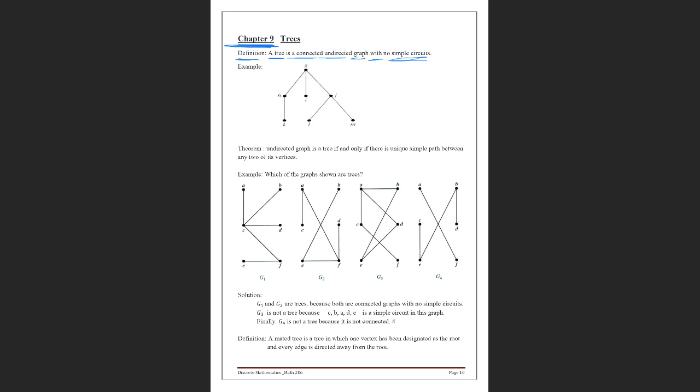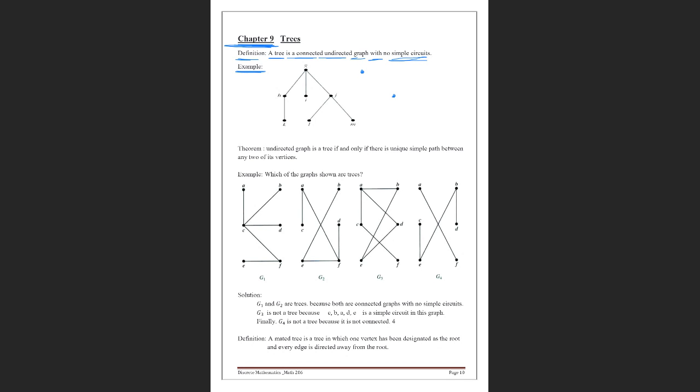Example is, okay, connected. A tree is a connected undirected graph with no simple circuit. Okay, no simple circuit means between any two vertices there is only one path. Suppose one vertex here and one vertex here.